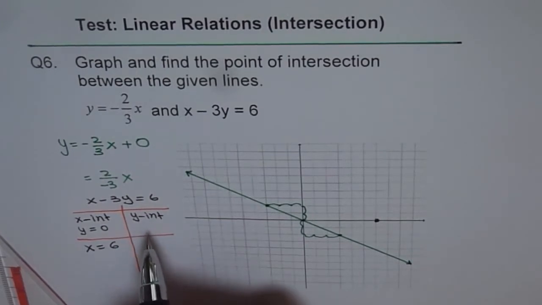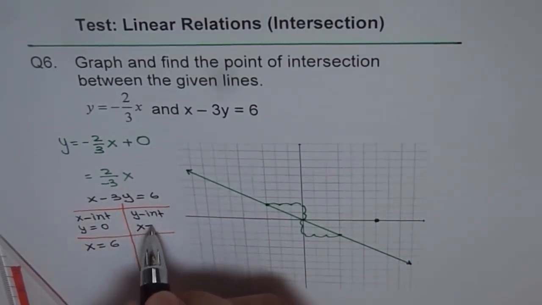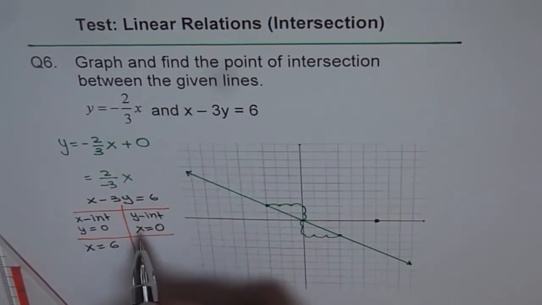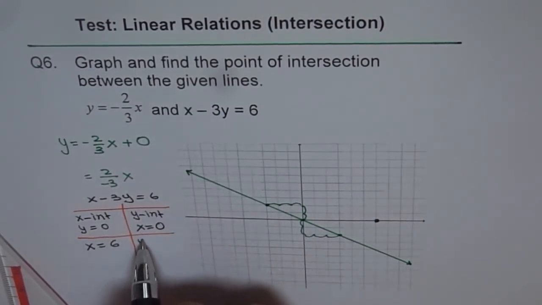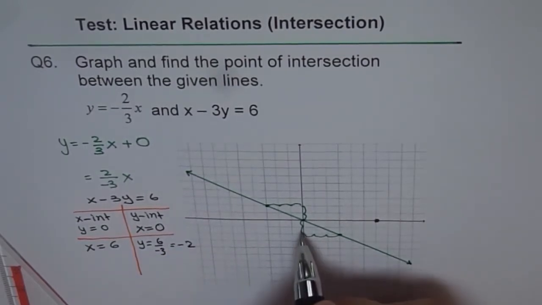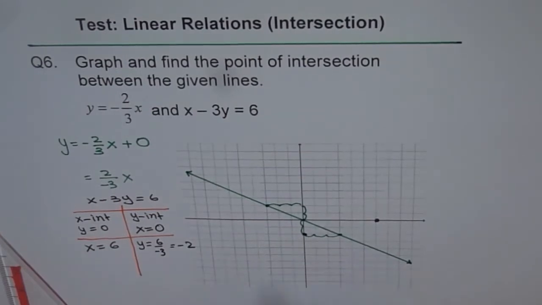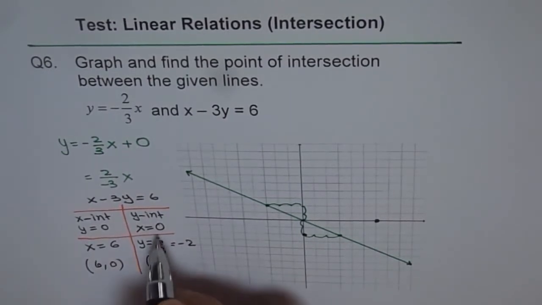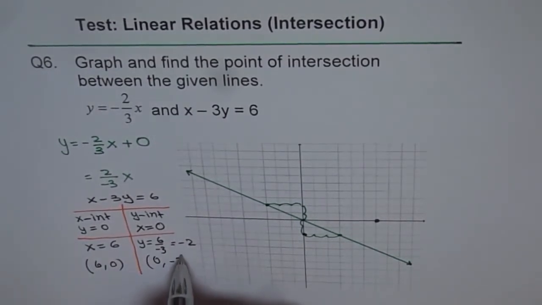Now for the y-intercept, let's put x equals to 0. If x equals to 0, minus 3y is 6. So y is 6 divided by minus 3, that is equal to minus 2. So that is this point. So we get the x and y intercepts for us. Let me write the coordinates here. X is 6, that means y is 0. Here x is 0 and y is minus 2.